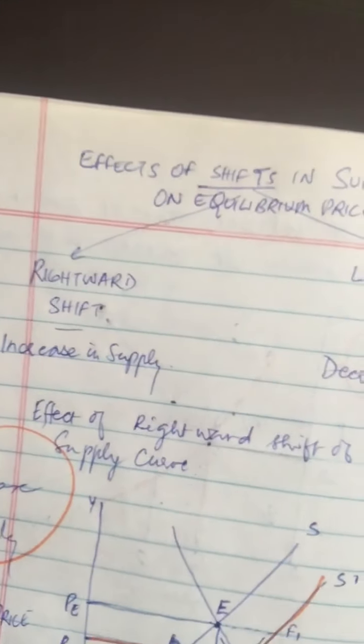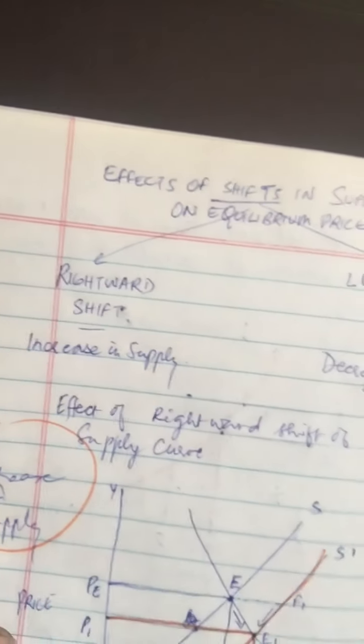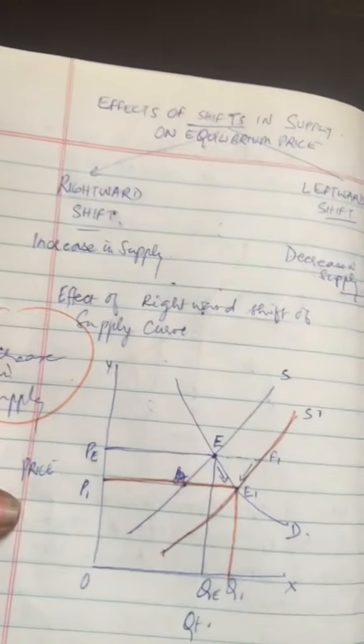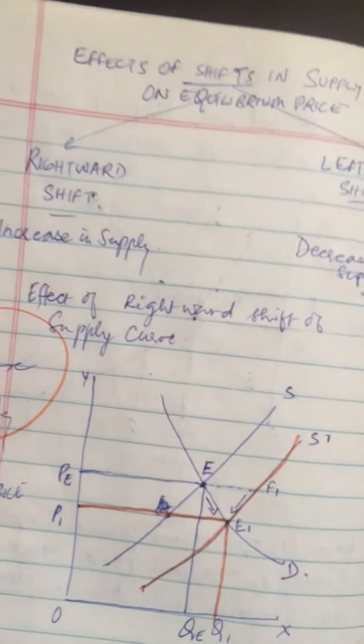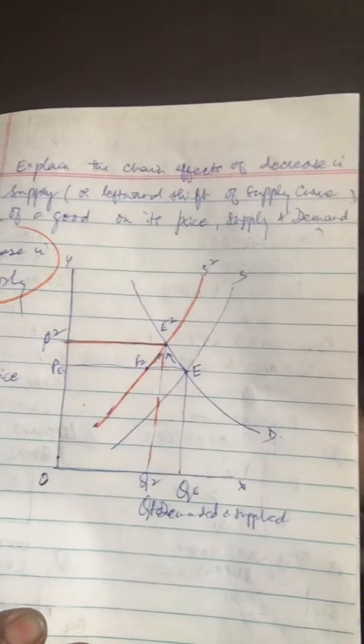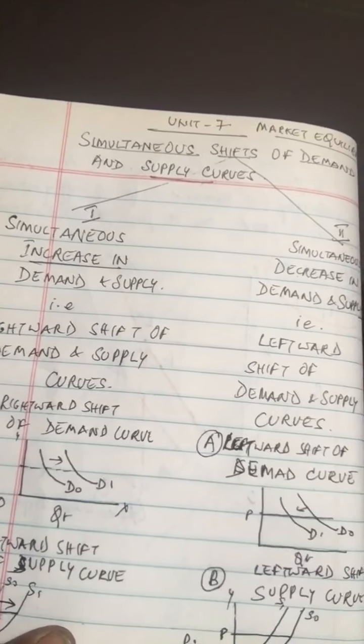And in the next class we talked about, on a given demand curve, the chain effects of an increase in supply, and a decrease of supply for a good on equilibrium price. Alright, so in this class today we are going to talk about simultaneous change in demand and supply together. That means just shifts in demand and supply together.